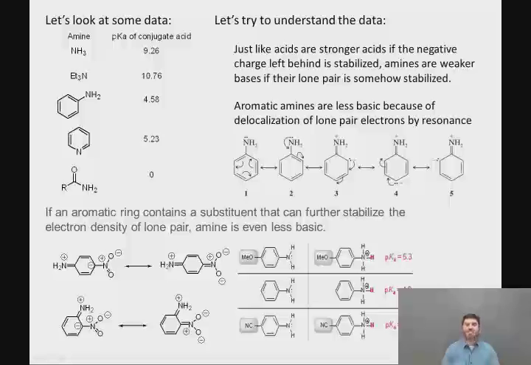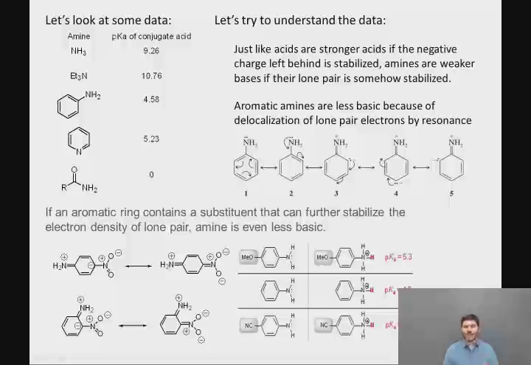And contrariwise, if you put an electron donating group, such as a methoxy group, into the para position or the ortho position, those electron donating groups are going to actually donate electron density into the ring and make the nitrogen more basic, so the pKa of the conjugate acid is a little bit higher in this case. Although notice the effect is much less pronounced. The difference between 4.6 and 5.3 is only 0.7 pKa units instead of a difference of 3 pKa units when you put on an electron withdrawing group.